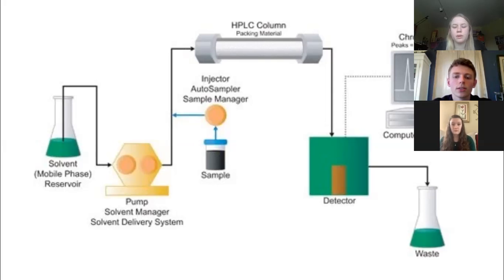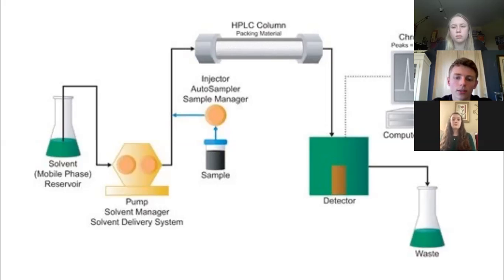The injector is used to inject the protein sample into the flowing mobile phase stream that carries the sample to the HPLC column. The detector is needed to see the separated compound bands as they elute from the column. The detector is wired to a computer that records the electrical signal needed to generate a chromatogram on this display.